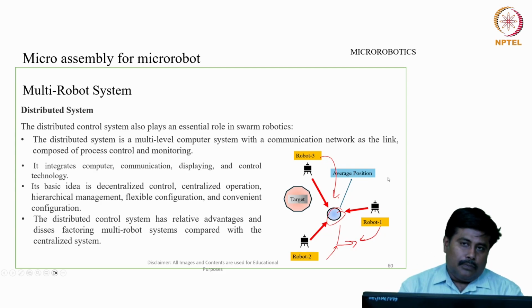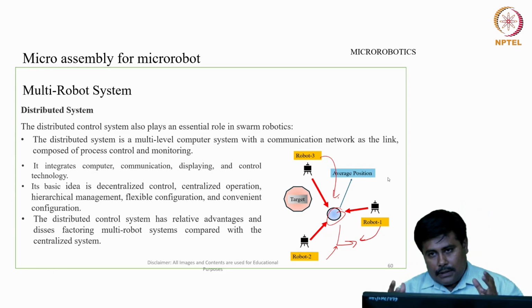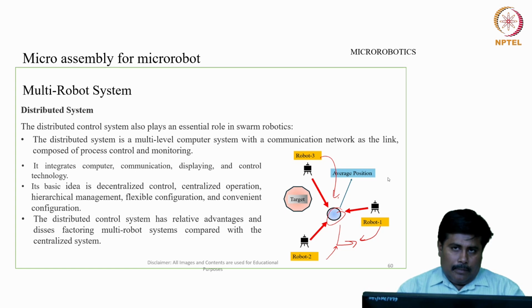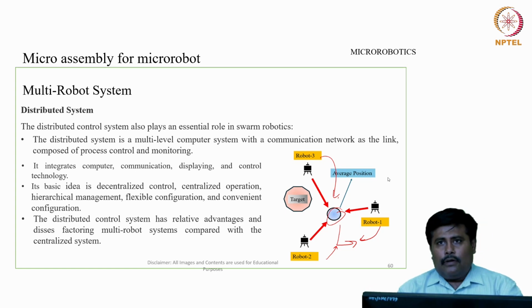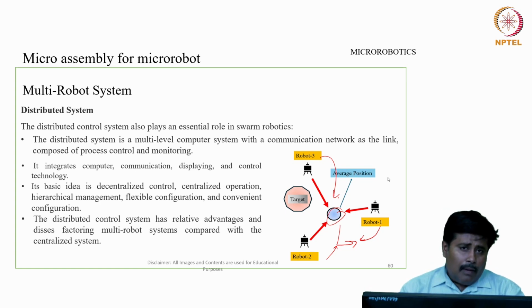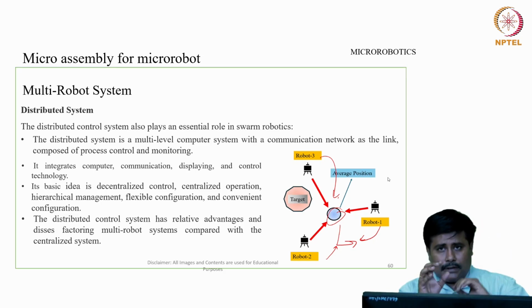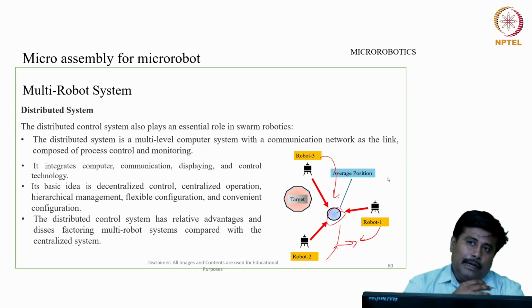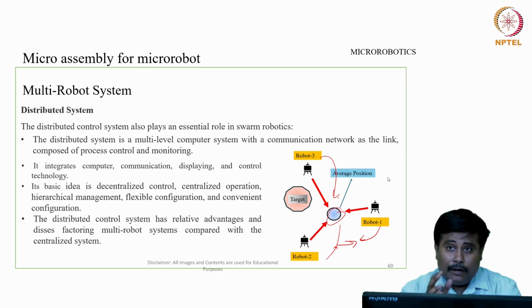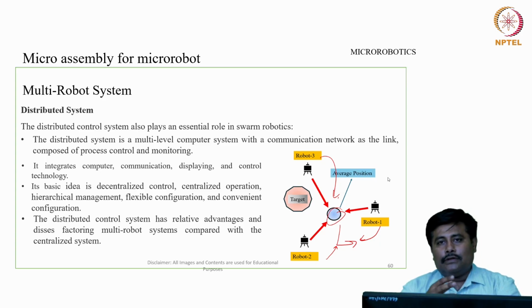Overall, in this module we discussed the different microassembly performances. We also discussed the different parameters involved in the design of micro aerial vehicles, about the overall links and mechanisms, and then the different types of multi-robot systems and how they are deployed for different applications.